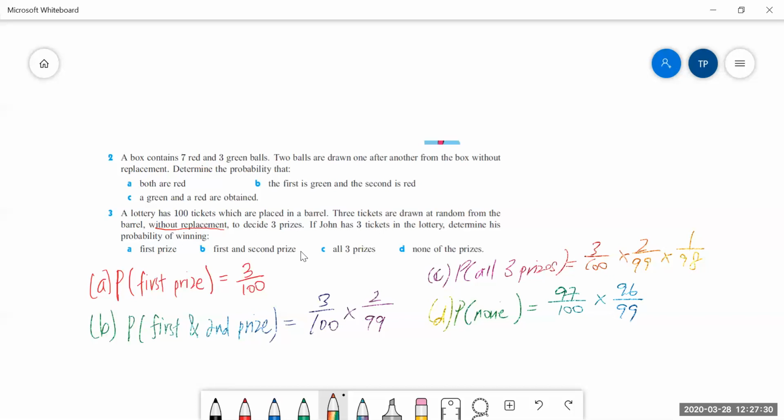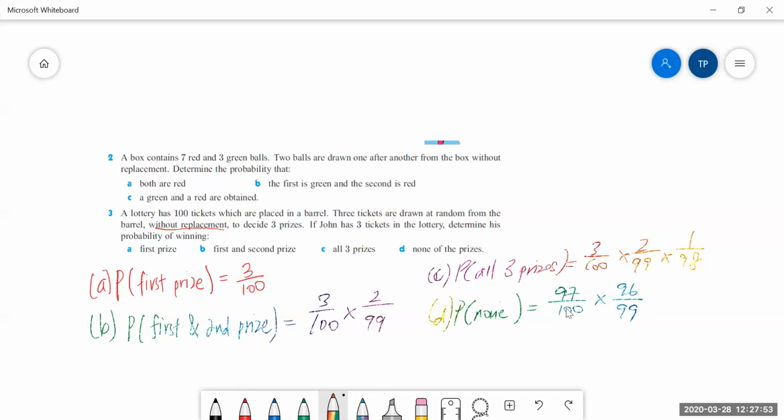Do you understand what I mean? Out of these 100 tickets, there are 3 tickets that belong to John. 97 of the tickets do not belong to John. So if we want John to lose, it will be 97 over 100, correct?